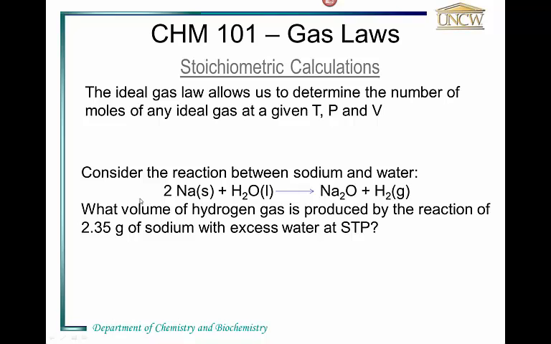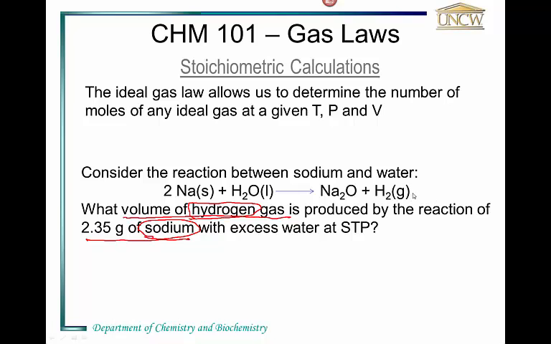Now the key idea here, as before, is that we have information about one thing, but we're asked for information about something else. So we need a way to relate the sodium to the hydrogen. And we do that with the balanced chemical equation. There are two sodiums that react for every hydrogen that forms.